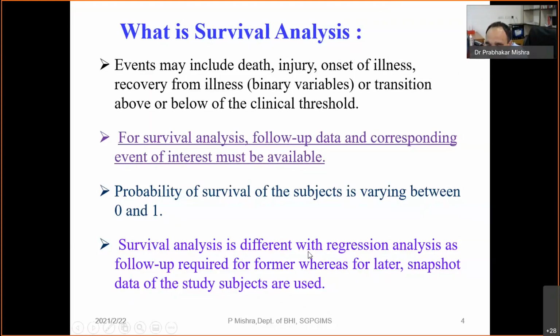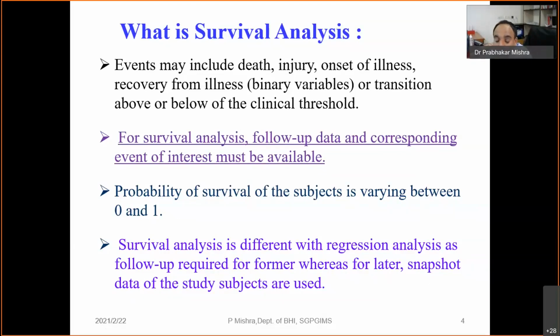Survival analysis is different from regression analysis, as follow-up is required for survival analysis, whereas for regression analysis, snapshot data of the study subjects are used. So when we have data, we have to decide whether to use a survival analysis method or regression.